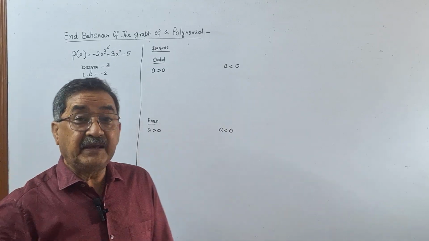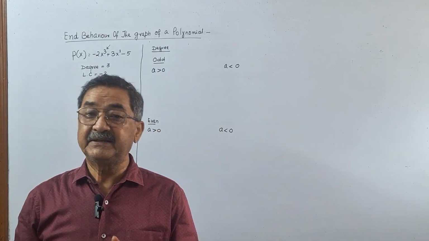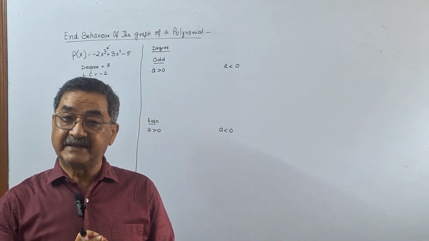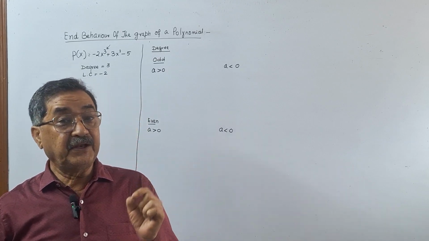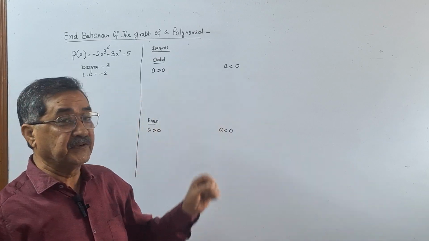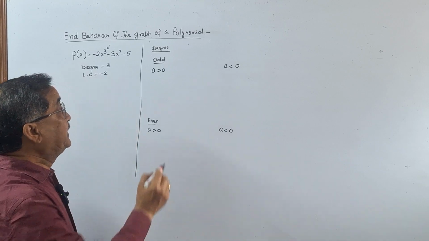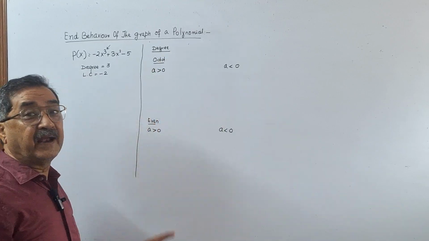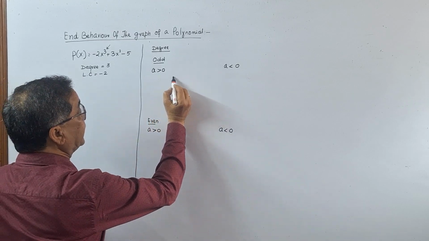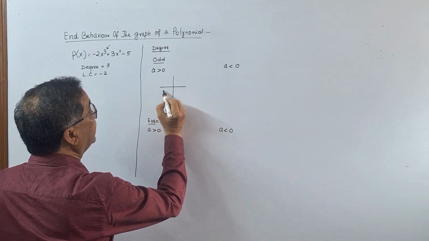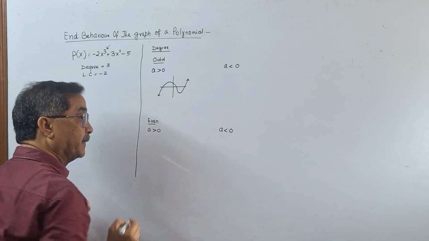So, when we analyze the degree of a polynomial, there are two possibilities, either it's odd or it's even. Once again, after you have analyzed the degree, then you have to analyze the leading coefficient, whether it is positive or negative. Now, when the degree is odd and the leading coefficient is positive, the graph will always fall to the left and rise to the right.